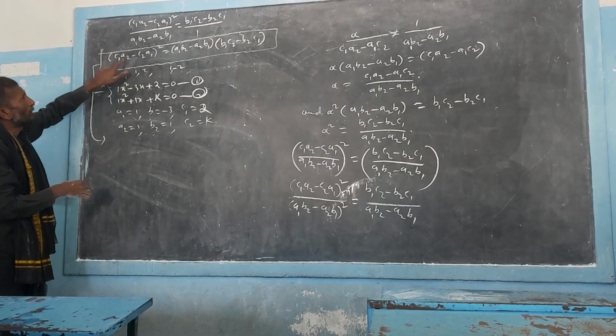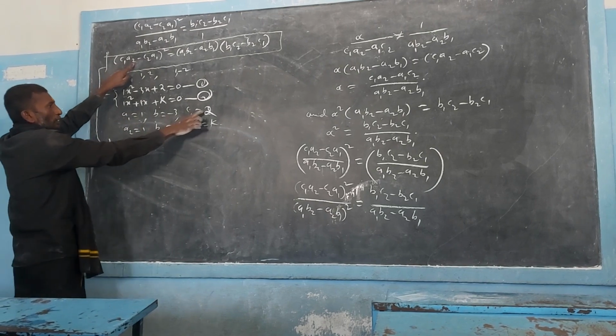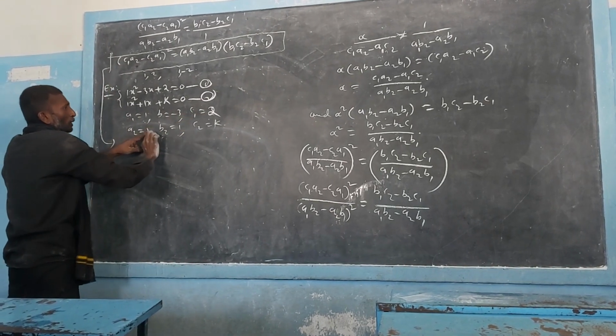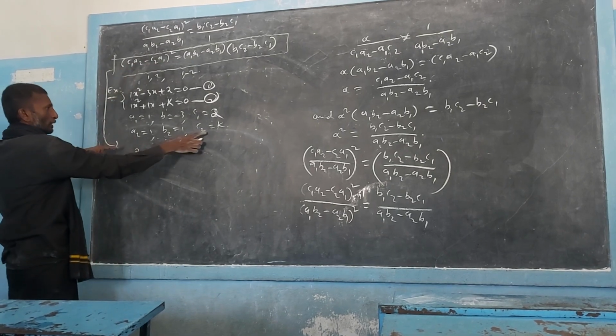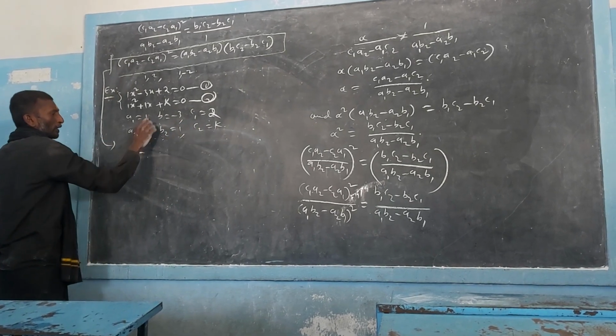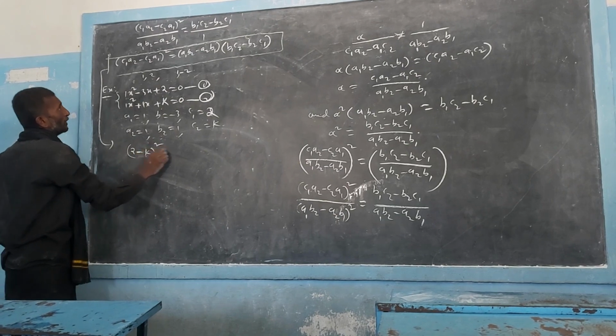Meaning, c1 a2 minus c2 a1, the whole square, equals a1 b2 minus a2 b1, times b1 c2 minus c1 b2. What is c1 and a2? Multiply them: 2 into 1, 2 minus c2 a1, that is k into 1, whole square.